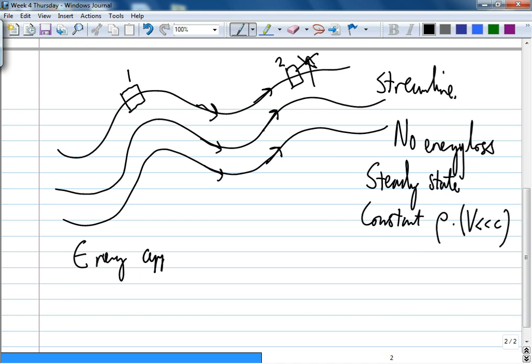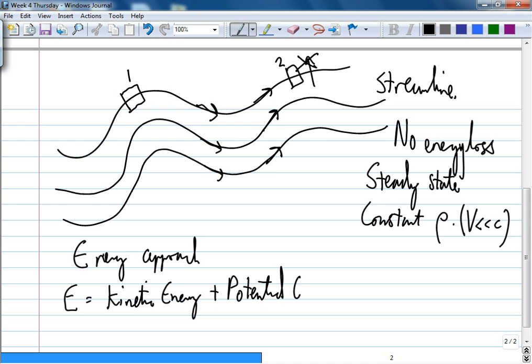Can I say the energy is, we all know there's kinetic energy, there's potential energy, and there's flow energy.